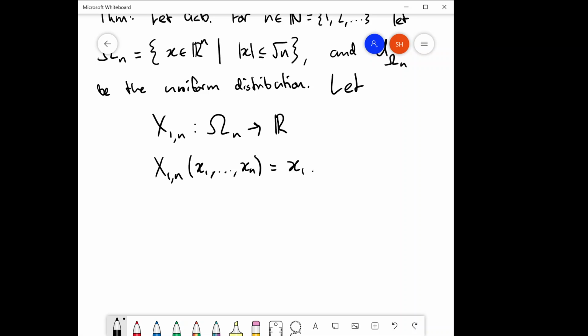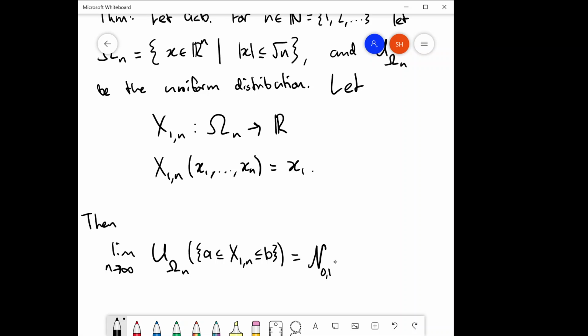And then the statement of the theorem is that the limit as n goes to infinity of U_{omega_n} of a less than or equal to X_1^n less than or equal to b is the normal distribution with parameters 0 and 1 of (a,b).